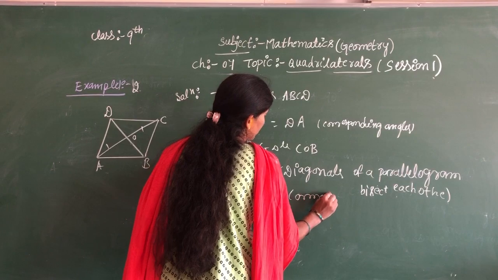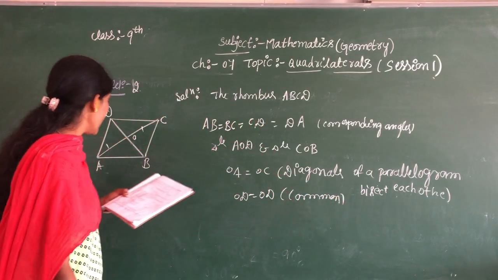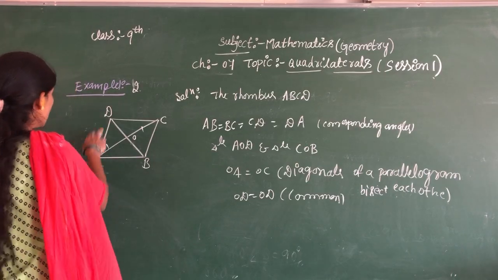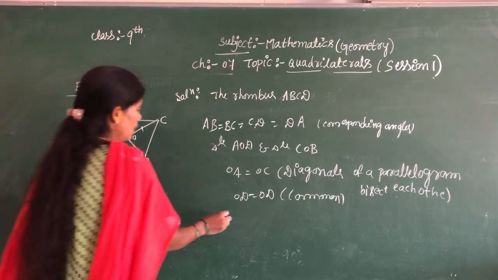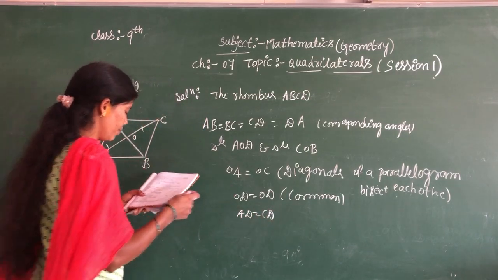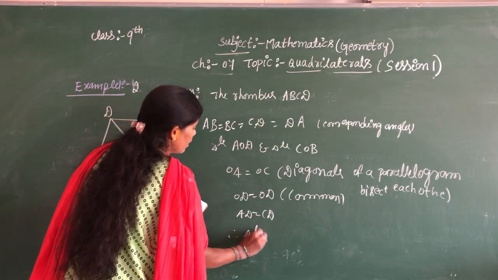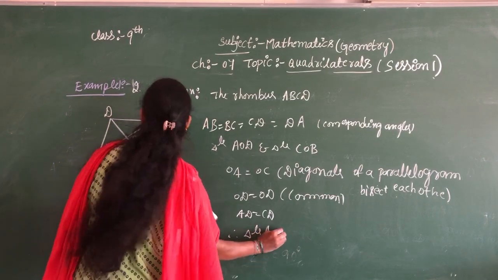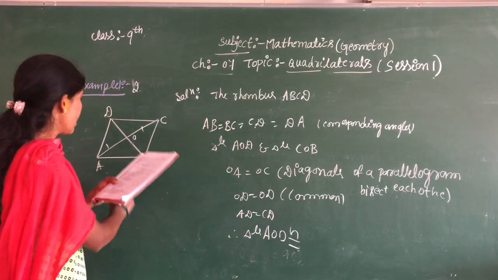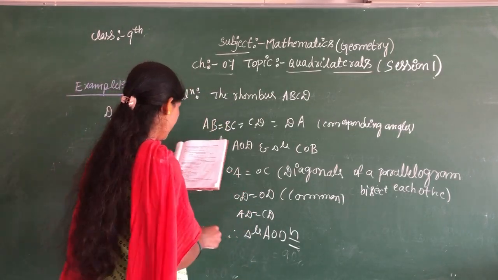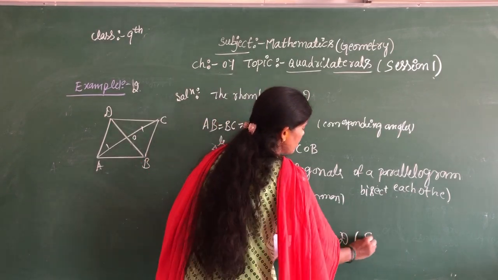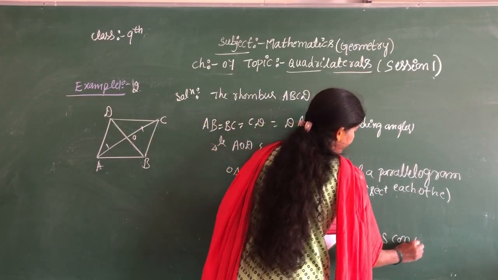Do you understand? Okay. And AD is equal to CD. Therefore, triangle AOD is congruent to triangle COD by SSS congruency.